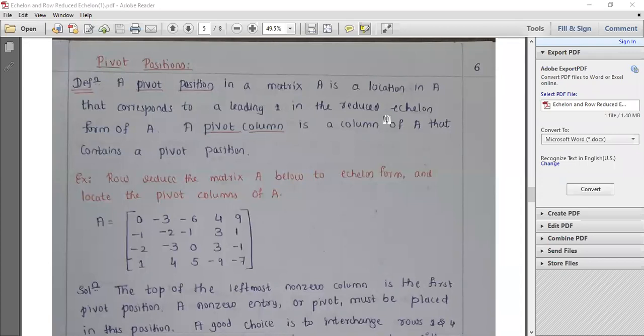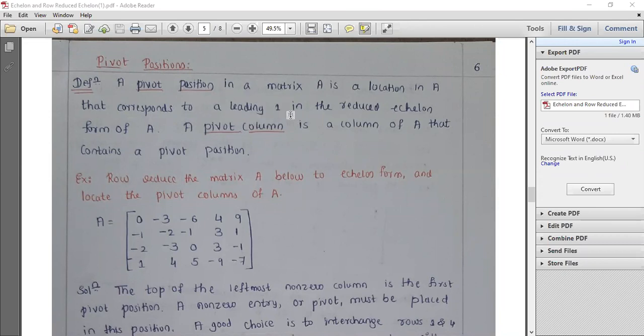See, guys, a pivot position in a matrix A is the location in A that corresponds to a leading one in the reduced echelon form of A. It is the leading element which I was talking about till now. We will rename it as pivot.